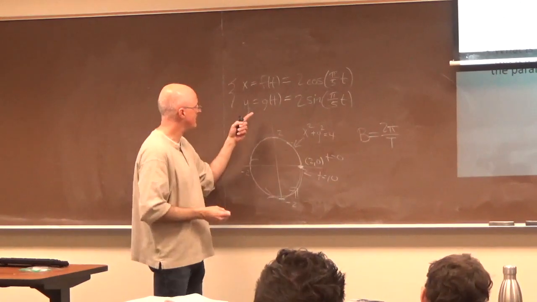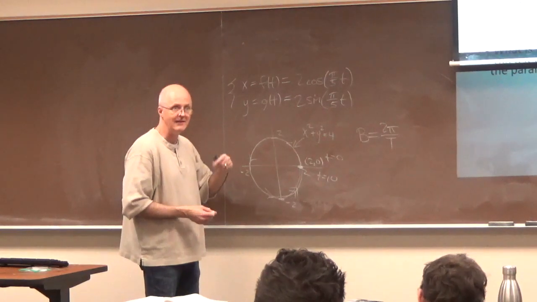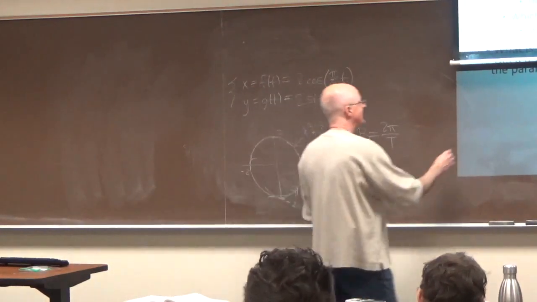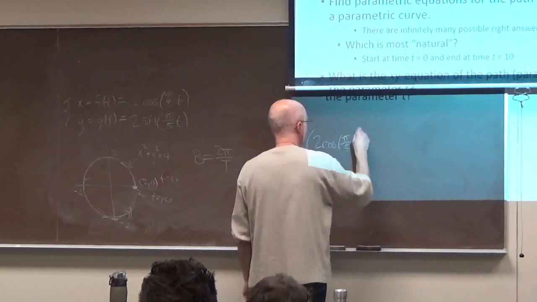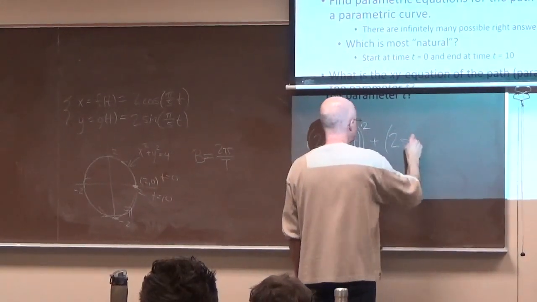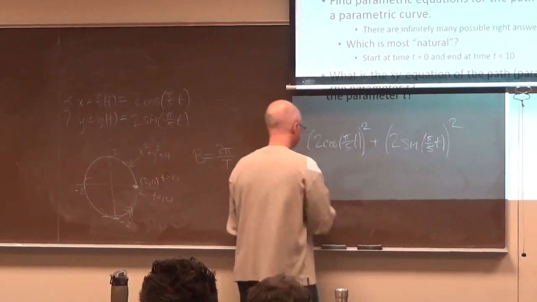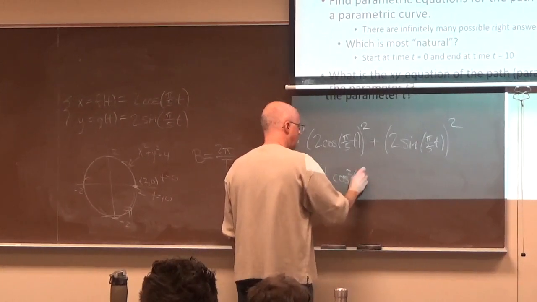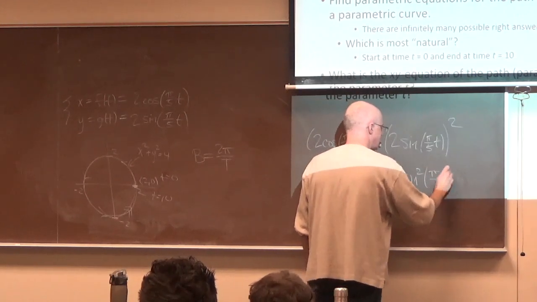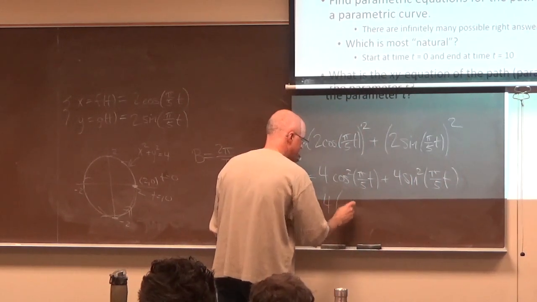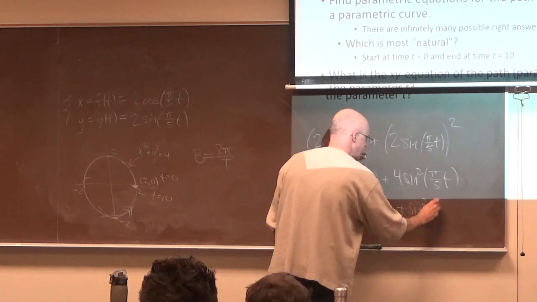If I'm going to be on the circle, no matter what t is, when I replace x with this and y with this, I better get 4. And the key thing that makes that work is the Pythagorean identity. 2 times cosine pi over 5t, quantity squared, plus 2 times sine pi over 5t, quantity squared, is 4 cos squared pi over 5t plus 4 sine squared pi over 5t, and then I can factor out the 4 and get 4 times, in parentheses, cos squared pi over 5t plus sine squared pi over 5t.